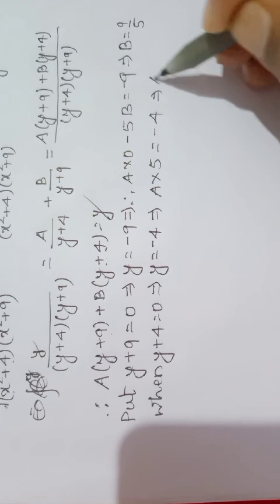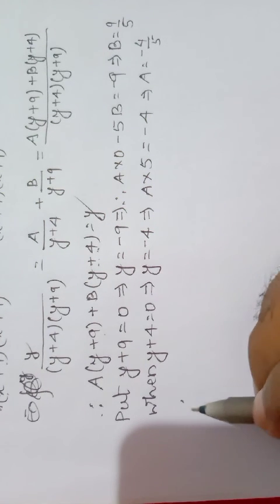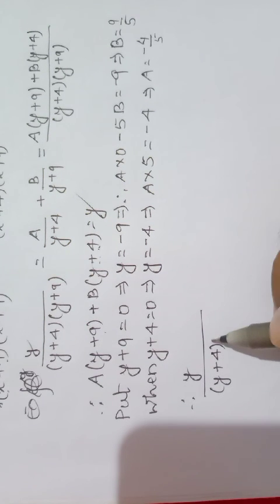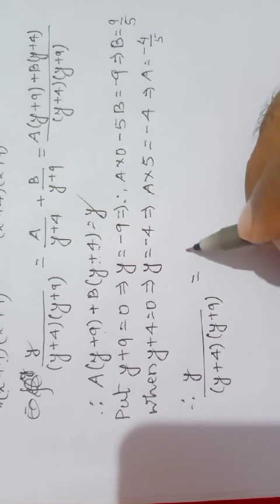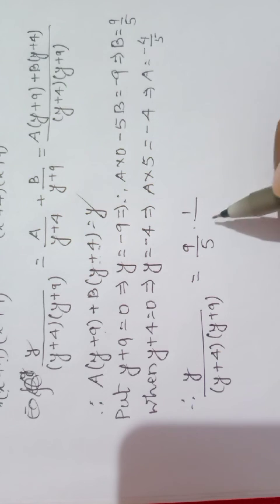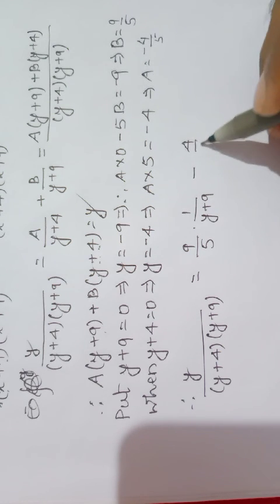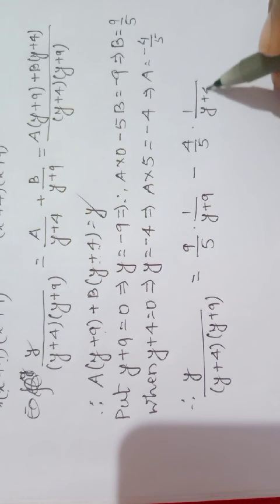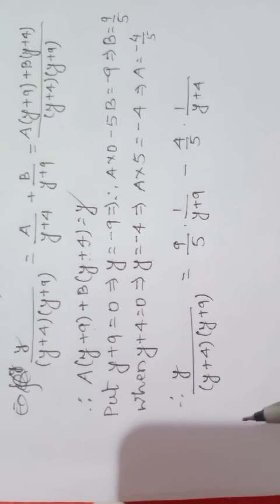Therefore a equals minus 4 upon 5. Therefore y upon y plus 4 into y plus 9 should be written as 9 by 5 into 1 upon y plus 9 minus 4 upon 5 into 1 upon y plus 4. Now put the value of y, then integrate.